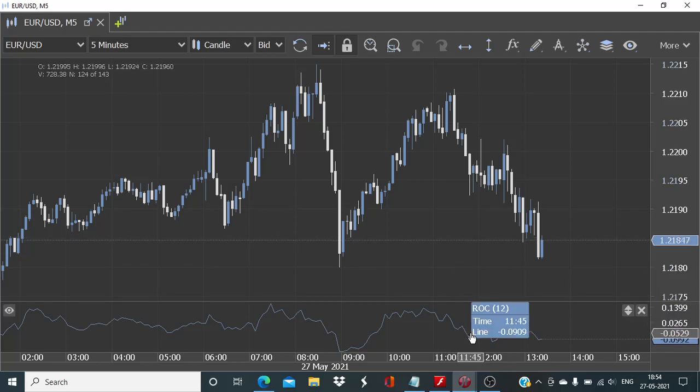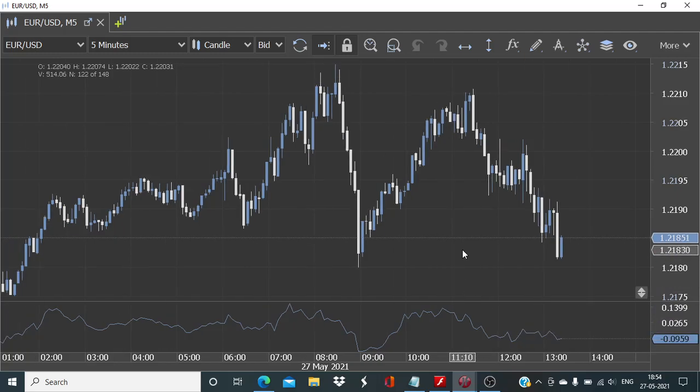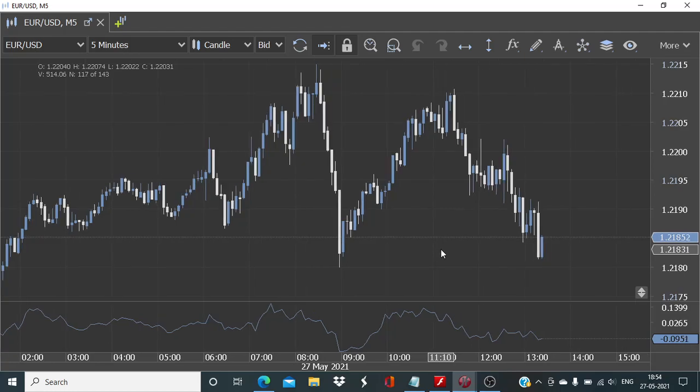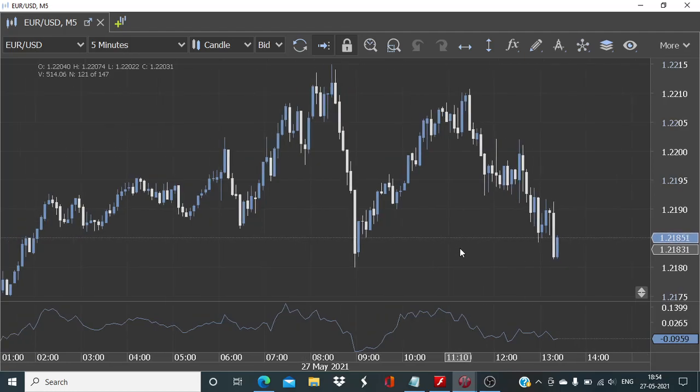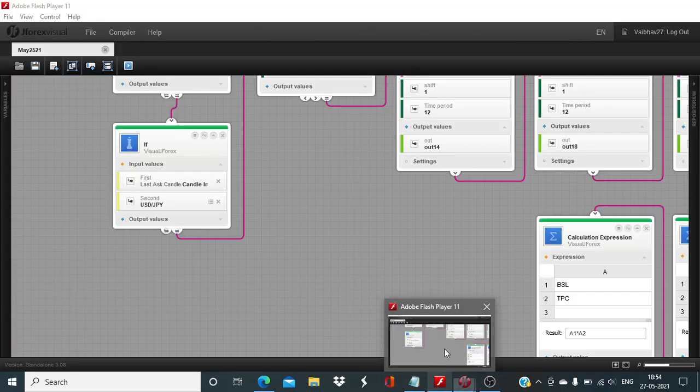So when we see that the last 5-minute candle's ROC value is below minus 0.1, whereas the penultimate candle's ROC value was above minus 0.1, we will look to initiate the trade, and the sell order will be placed. So that's the underlying logic, and quite simple at that.